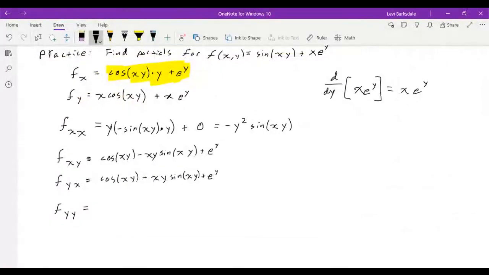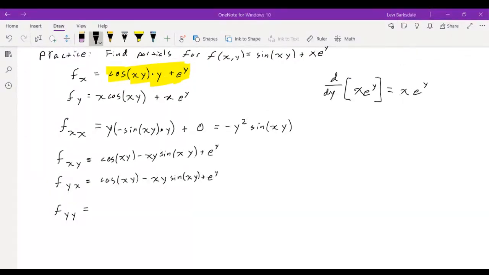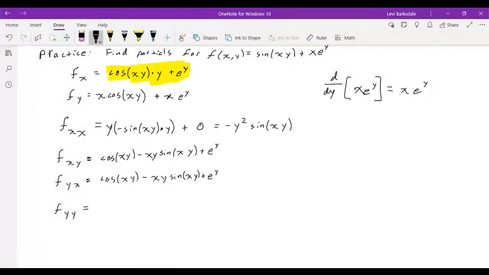Then for f sub yy, we see the derivative of f sub y with respect to y.